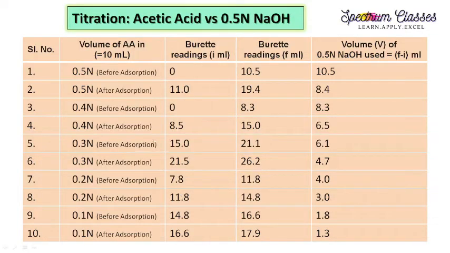Now we are moving to the titration part. So titration, as I have prepared 5 different concentrations, I have to perform 10 titrations. One is before adsorption and the other one is after adsorption.